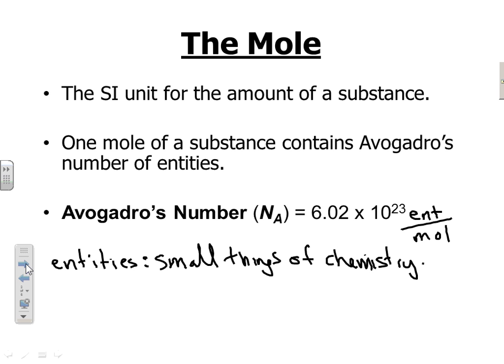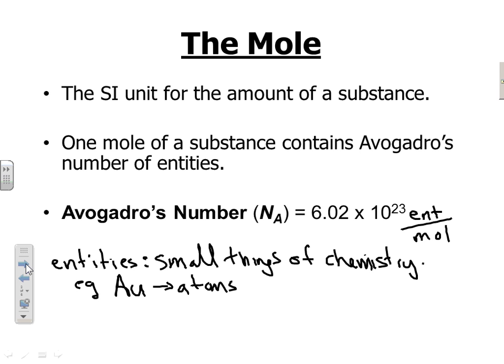Here's an example. If I'm talking about just say Au, we're talking about atoms. So an entity could be atoms if I'm talking about Au, gold, or potassium, or any of our elements, right?